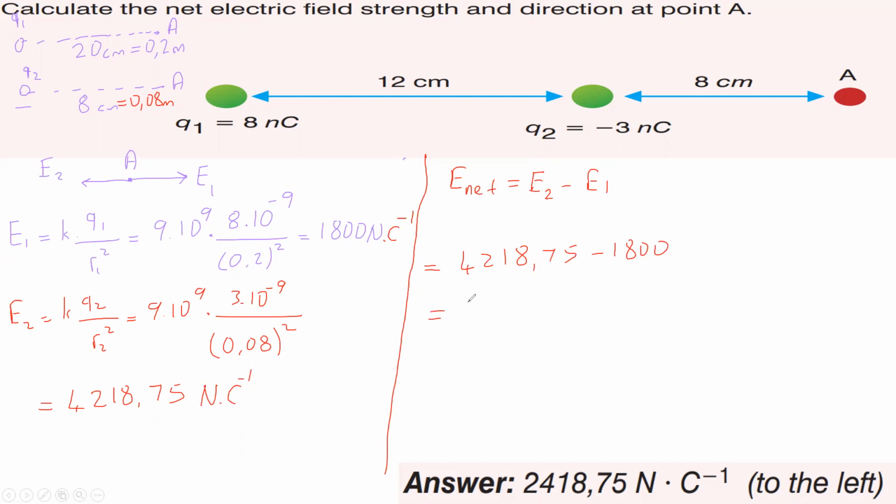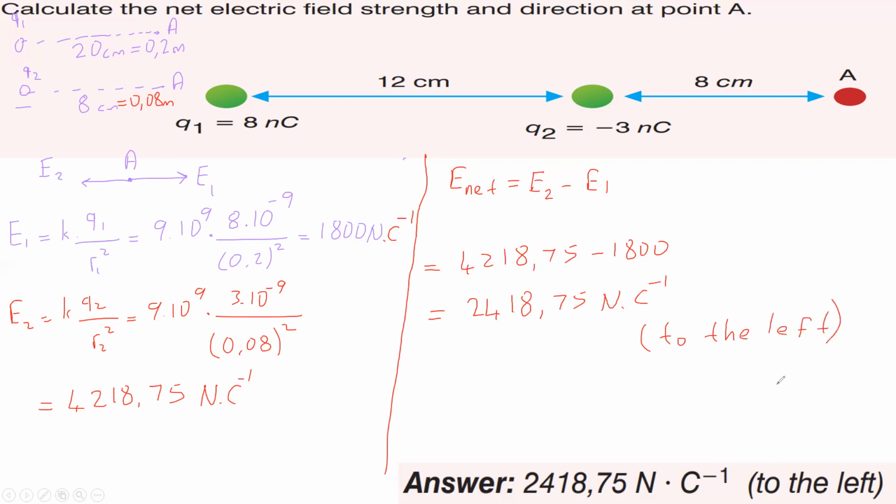And your answer is 2,418.75 N times C to the power of negative 1. It was answered here. So the direction is to the left, the direction of the stronger one. As you see, E2 is stronger than E1. The direction is that of E2, to the left.